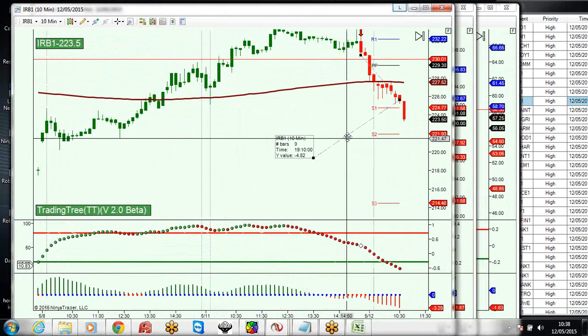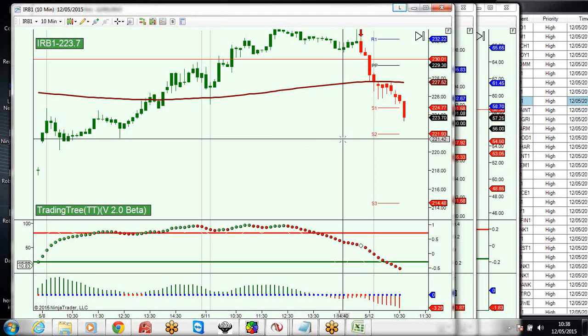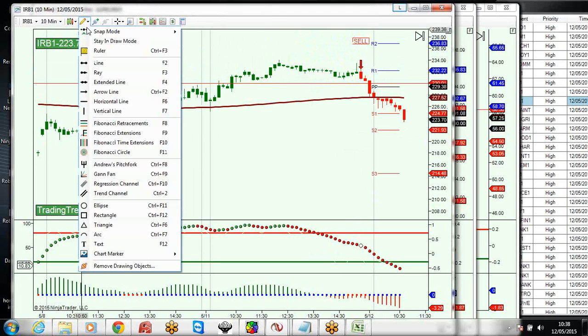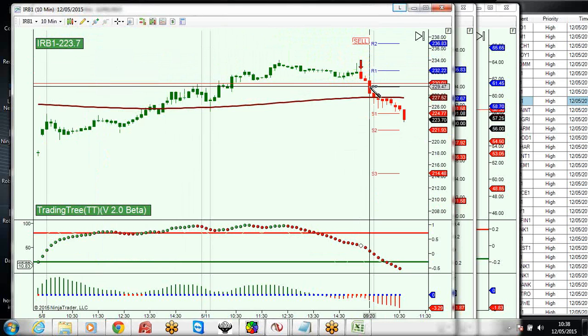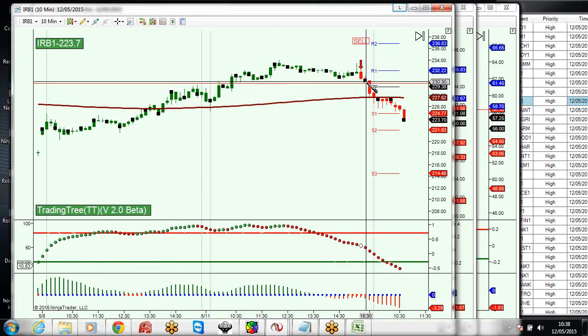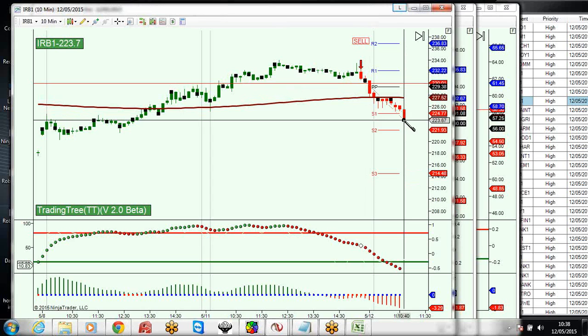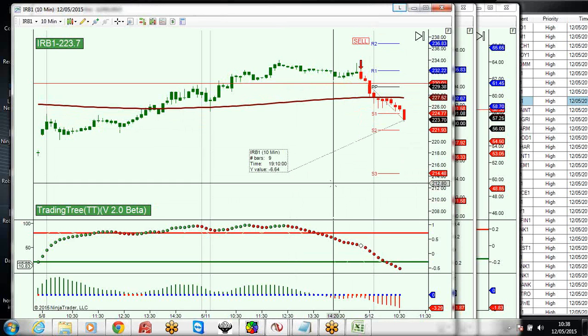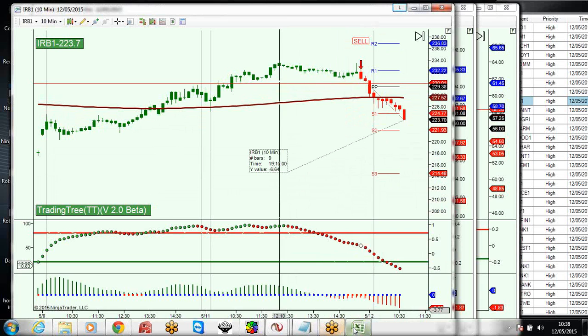So IRB has again come down till 223. It's 6,600 rupees now.